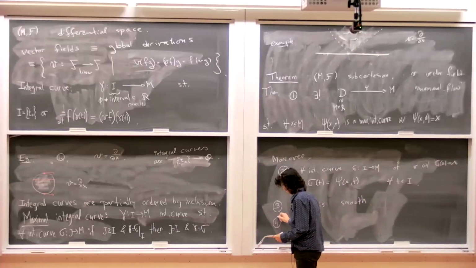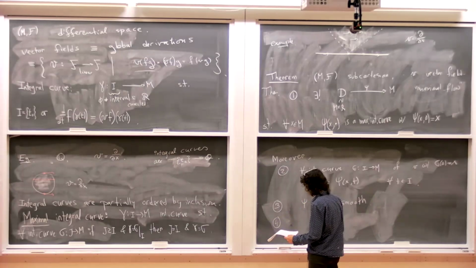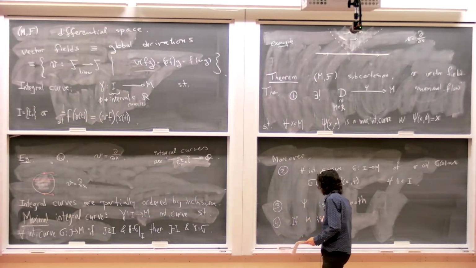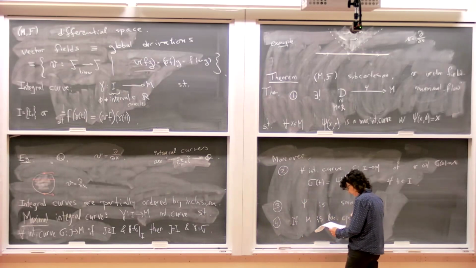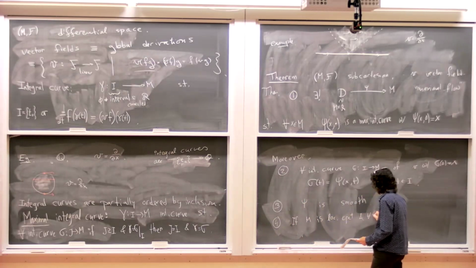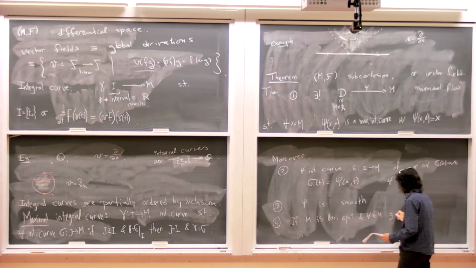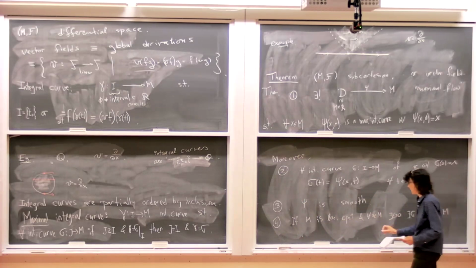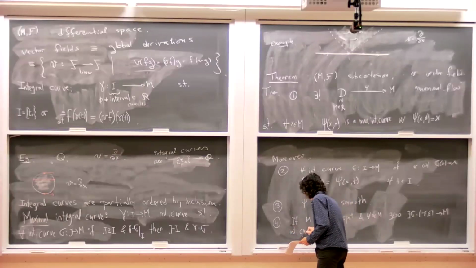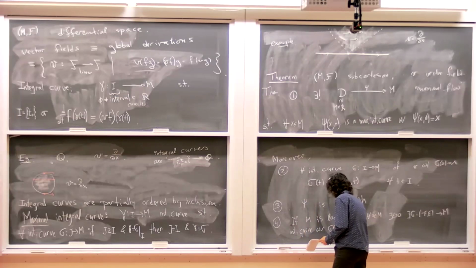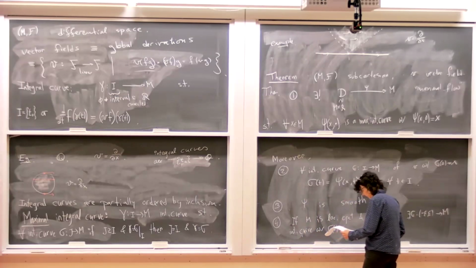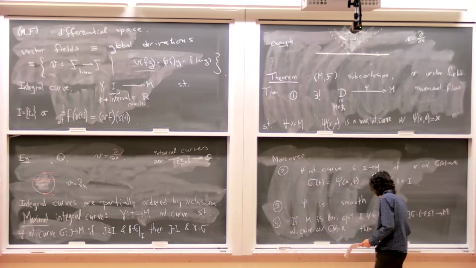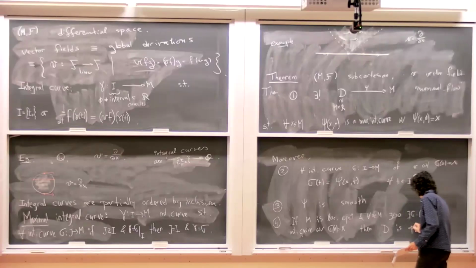And I have here something a little bit more technical. If M is locally compact, and for every point there exists an integral curve whose domain is a whole neighborhood of the origin in R, then in fact the flow domain is open in the product.